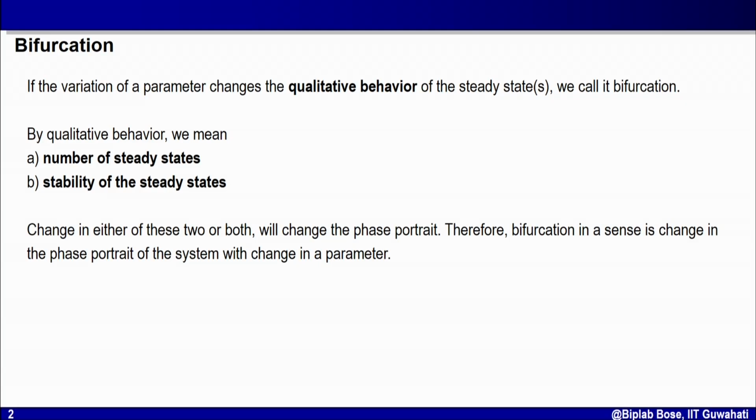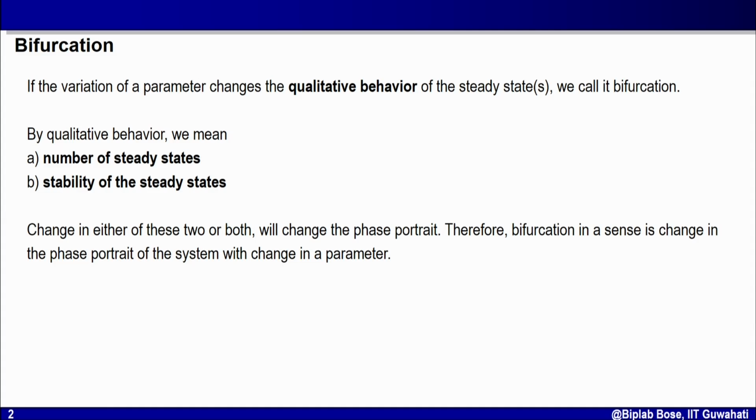If you remember, we are trying to understand the dynamics of a system in terms of one or more ODEs, and in these ODEs you will have dependent variables and an independent variable. The independent variable is time, and apart from that there will be parameters which remain constant with respect to time. In a system there can be a situation where the qualitative behavior of the system changes as we change the numerical value of the parameter.